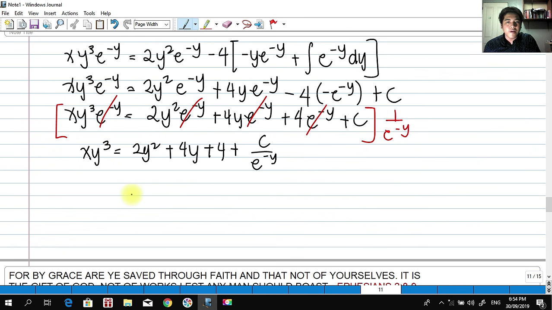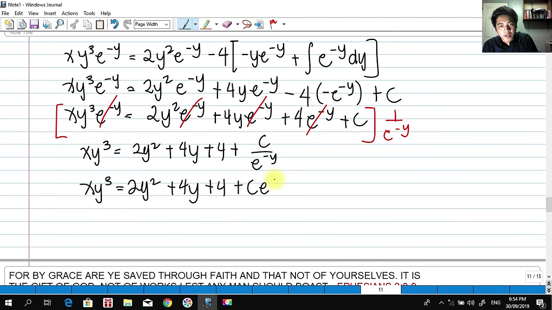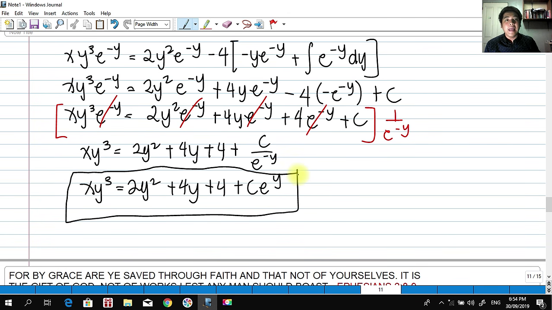And furthermore, if I'm going to bring this up, we will be having a positive exponent here of e to the y: 2y squared plus 4y plus 4 plus c multiplied by e raised to y. This can be the final answer for our linear DE.